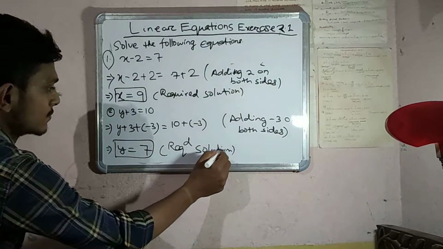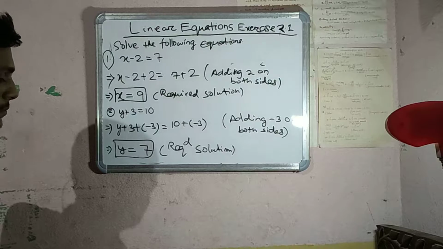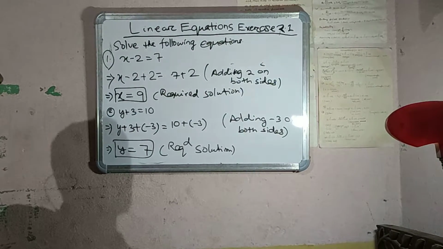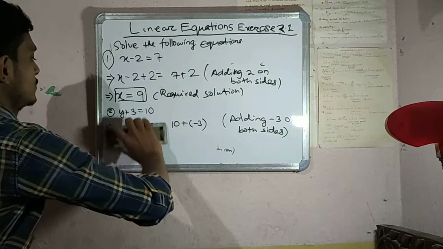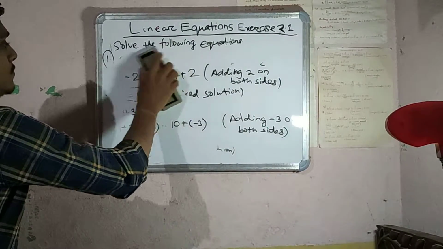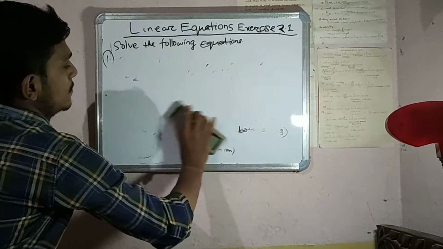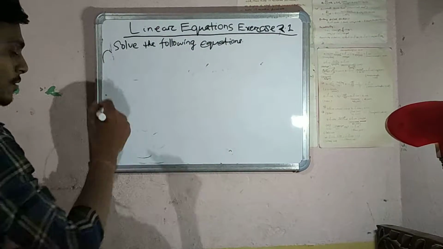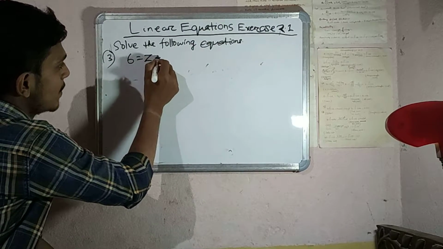Then the next question, question number 3, is 6 equal to z plus 2.